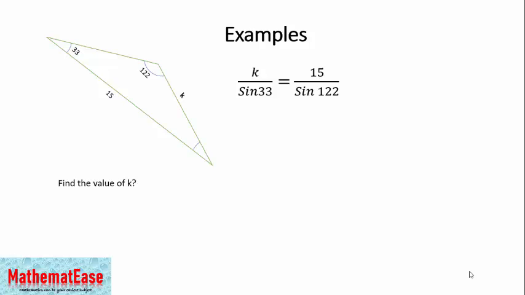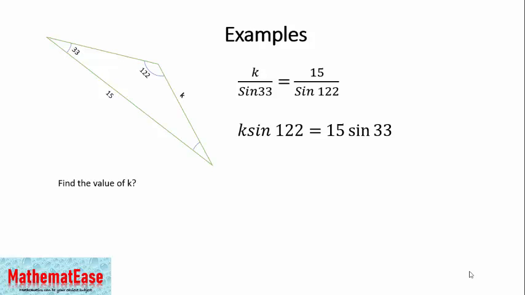Then I cross multiply. But before I continue, if you write it down as sine 33 over K is equal to sine 122 over 15, you get the same answer. It's the same thing. It's only the arrangement that is not exactly the same. Now, this one I'm solving, K over sine 33 is equal to 15 over sine 122. If I cross multiply, I will have K sine 122 is equal to 15 sine 33.